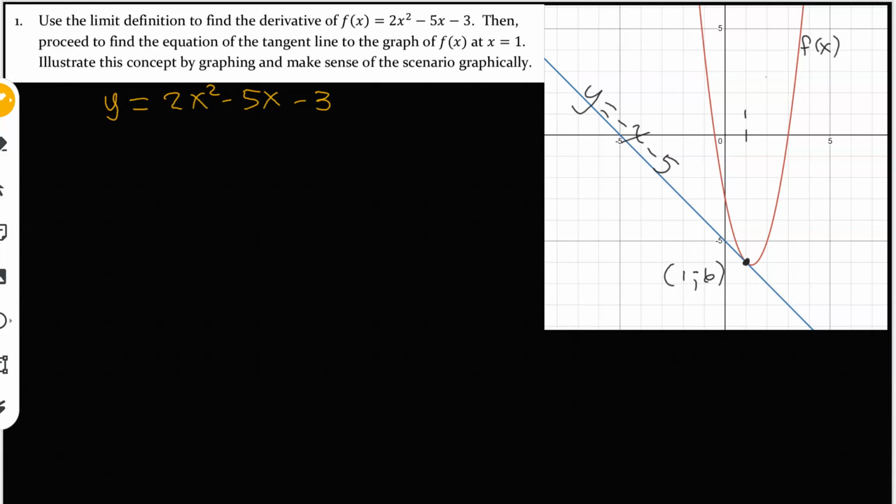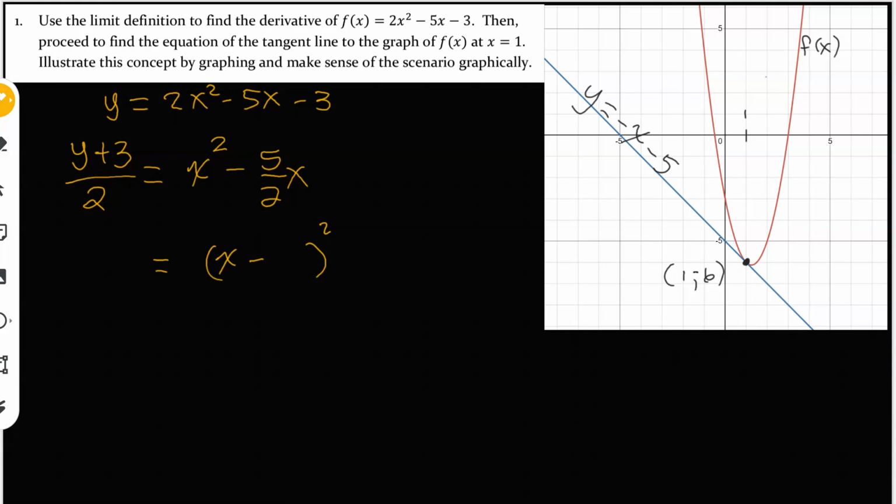In order to do that, I'm going to add 3 to both sides and divide by 2. When I add 3 and divide by 2, the 2 is gone, so I'll have x squared minus 5 over 2 x, and the 3 is on the other side. We want it to look like vertex form, so you will have x minus what?